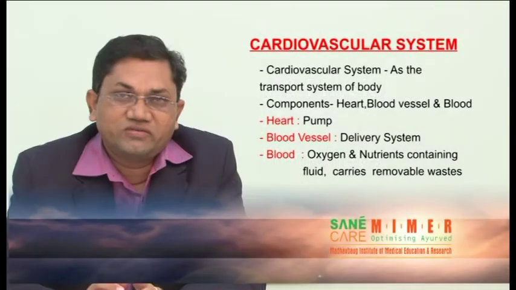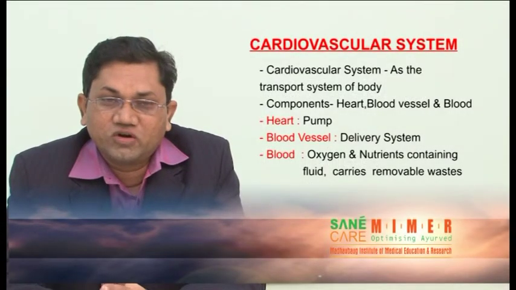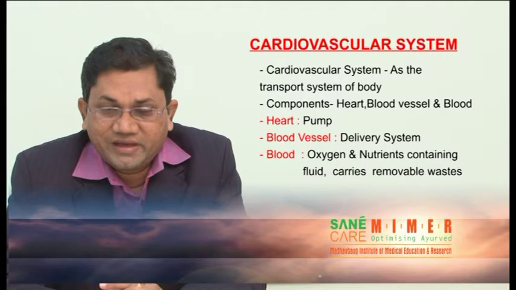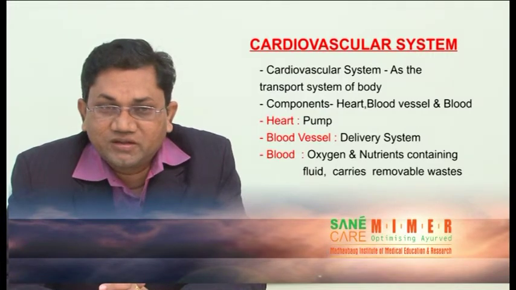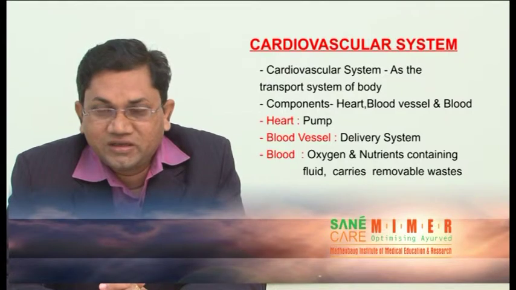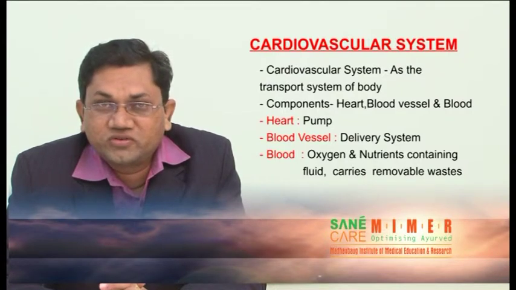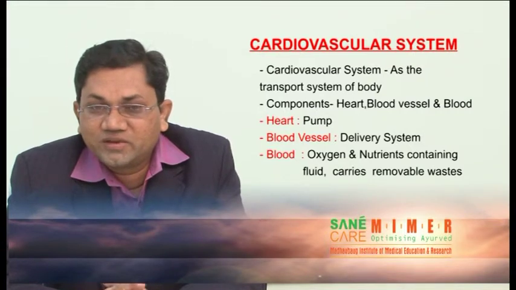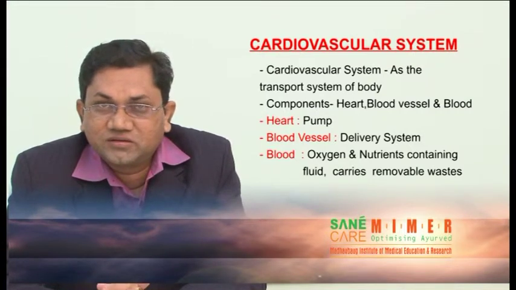If we focus on the cardiovascular system, what we can say about it is that it's just a transport system of the body. The components of this transport system are the heart, the blood vessels and the blood.